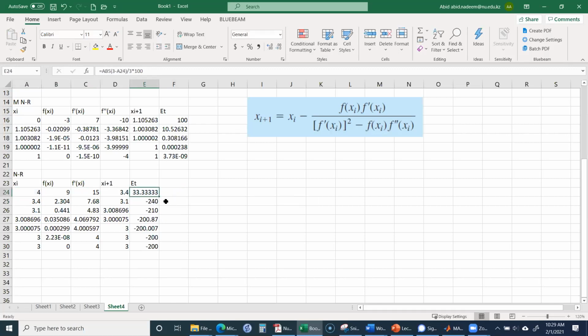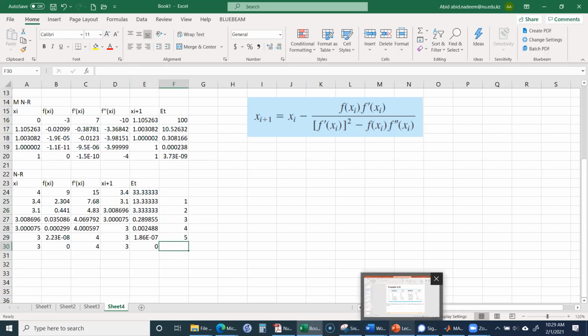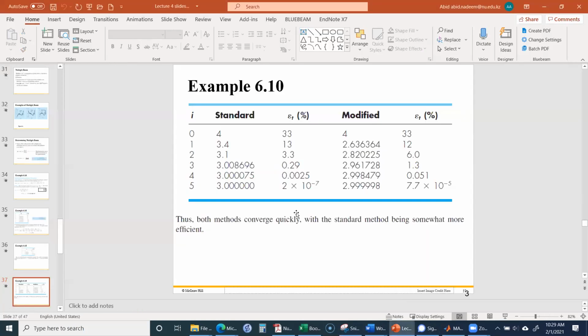Okay, so it is 33.3, and now here I can see this was the first iteration, second, third, fourth, fifth. Here we have done the 5th iteration. So it is 2 into 10 to the power minus 7, and the standard root is 3.